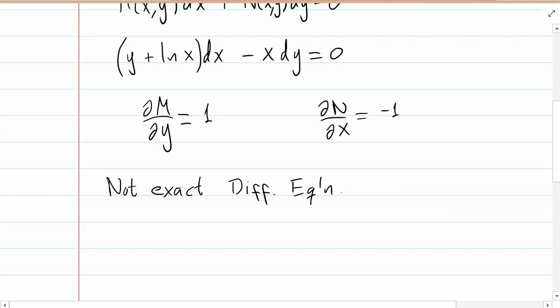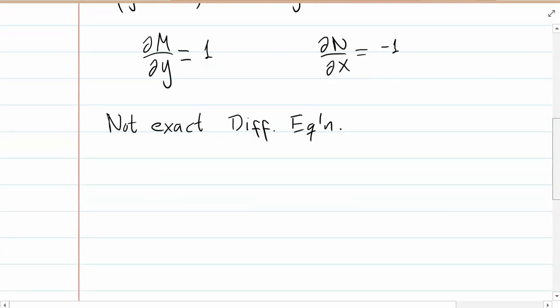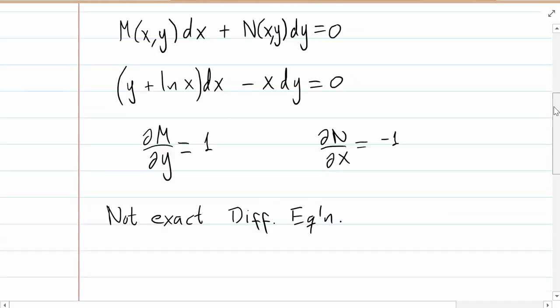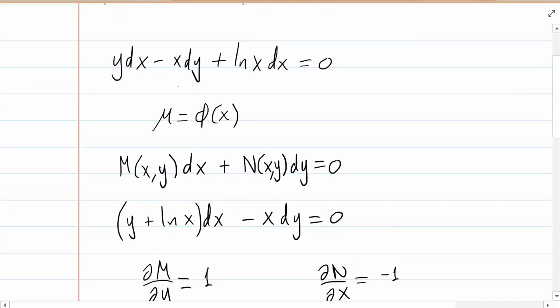So our next possibility is that maybe there exists an integrating factor. This is some function such that when I multiply the original equation, which I'm going to call equation 1, by this integrating factor mu, it becomes an exact equation.